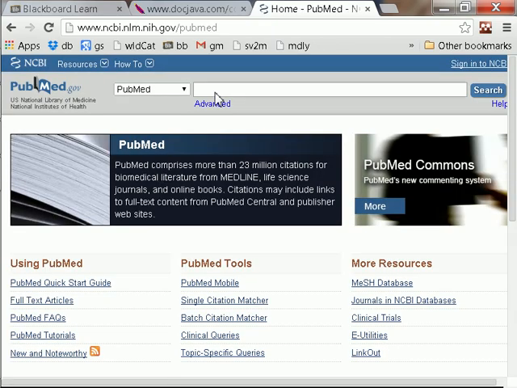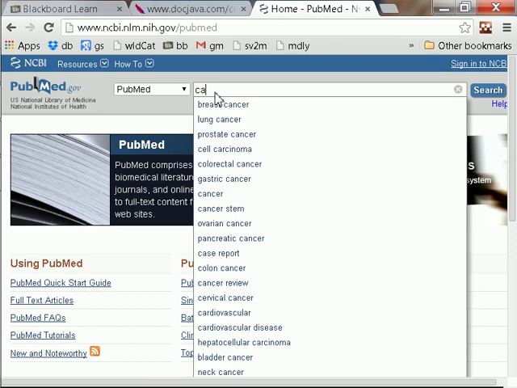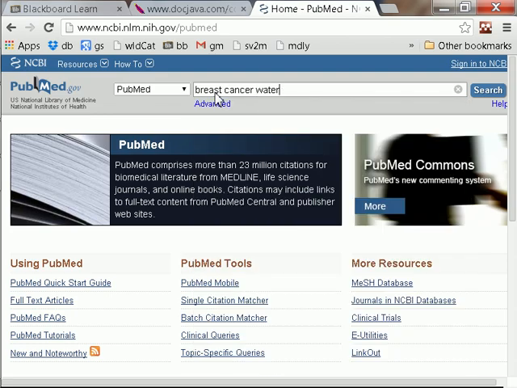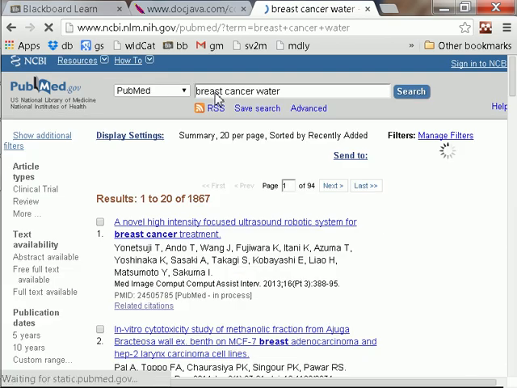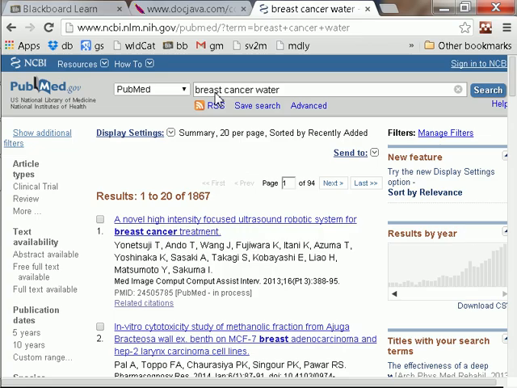Then you could search on cancer. Let's say, pick your cancer. I'll do breast cancer and water and see if anything comes up. Only 1,800 papers. You're telling me you can't find any papers? It's not like that. Okay, I will see that.